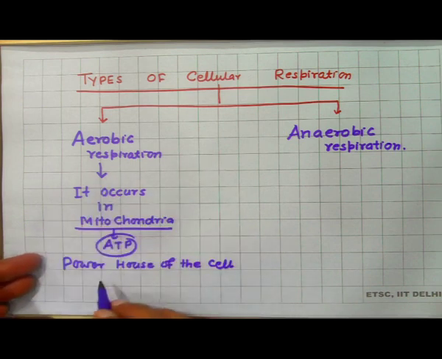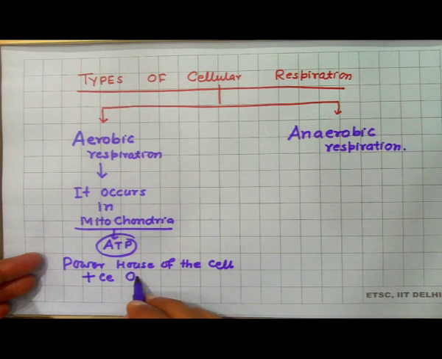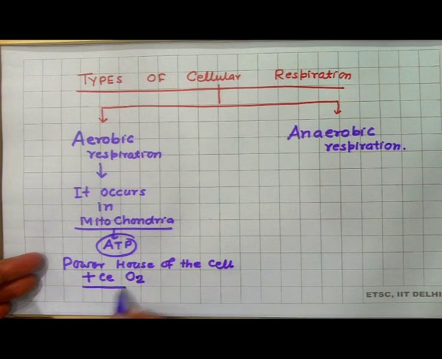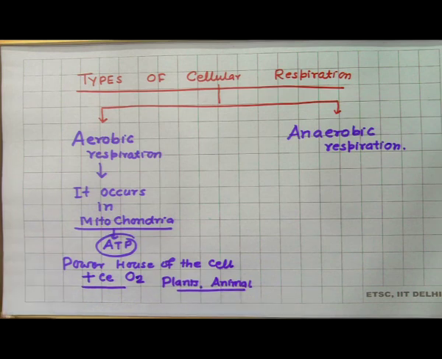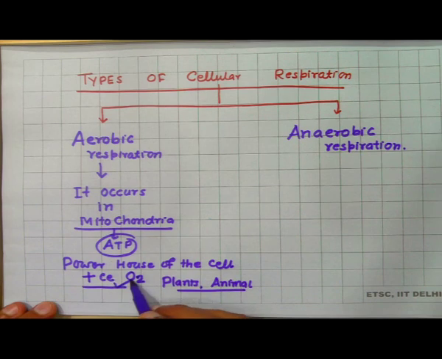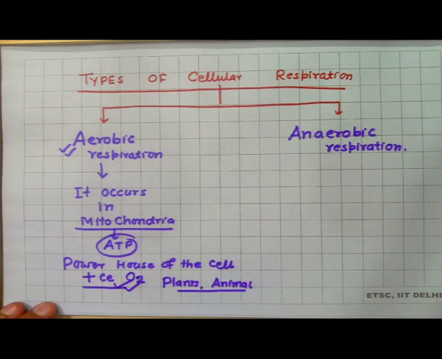Aerobic respiration takes place in the presence of oxygen, in most plants and animals. So, when cellular respiration takes place in the presence of oxygen, that type of respiration is called aerobic respiration.